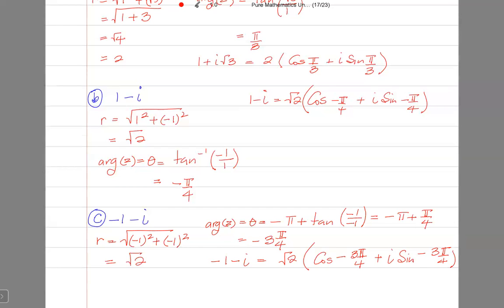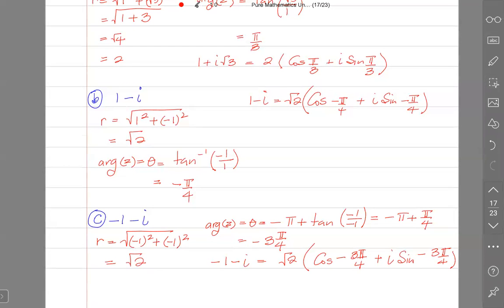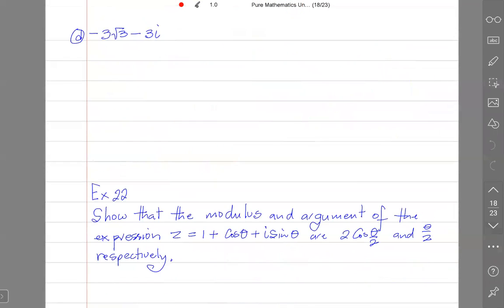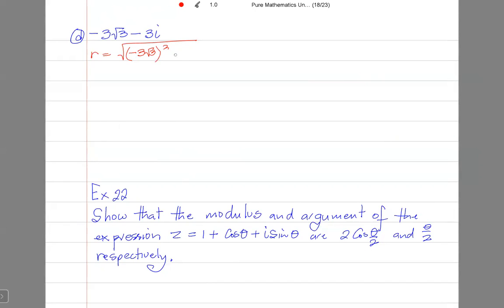Turning the page to look at D. For D, the modulus r is equal to the square root of (-3 root 3), which is the real part, squared, plus (-3) squared, which is the imaginary part.